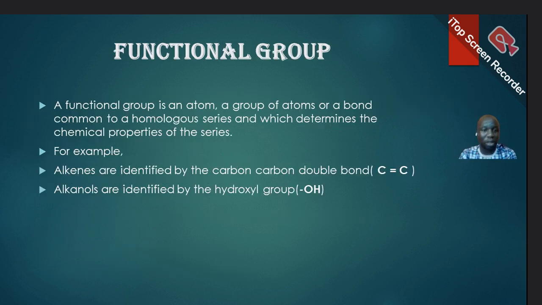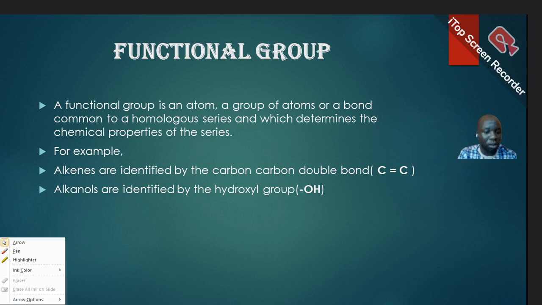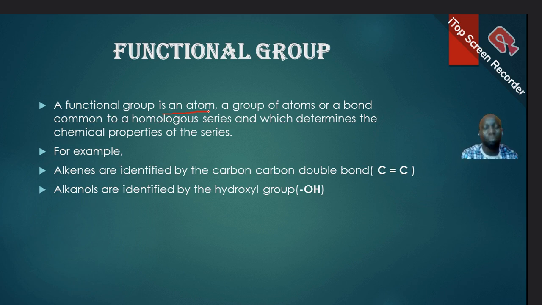And what's a functional group? A functional group is an atom, or it could be a group of atoms, or it could be a bond that is common to a homologous series and which determines the main chemical properties of that series.